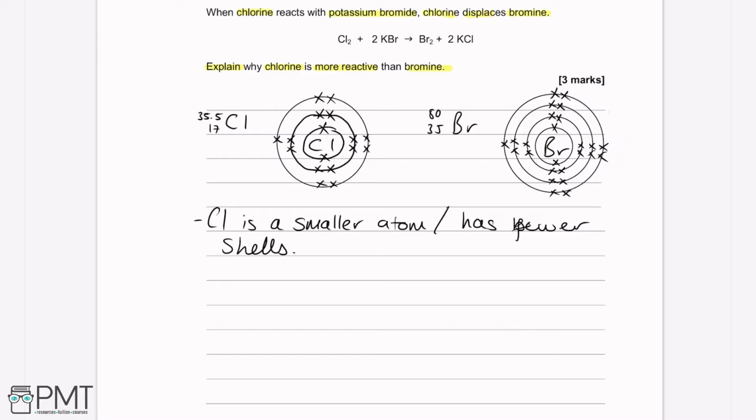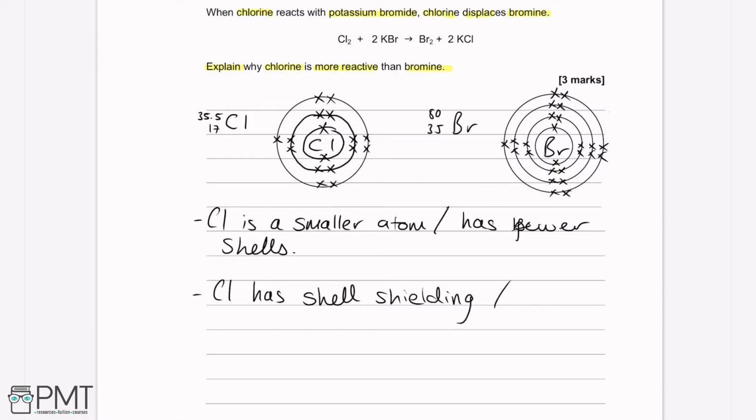Now, what does that mean? Well, that means that chlorine has less shielding than bromine, because there's less shells between these outer electrons to the nucleus in chlorine than there is between the outer electrons and the nucleus in bromine.